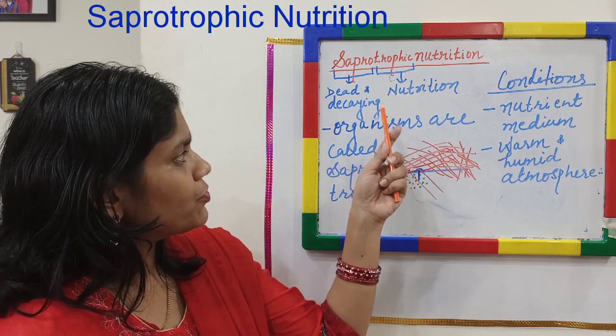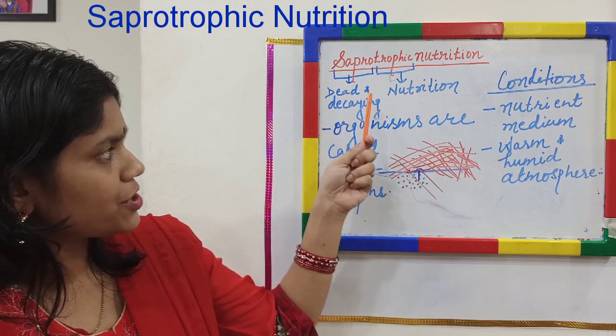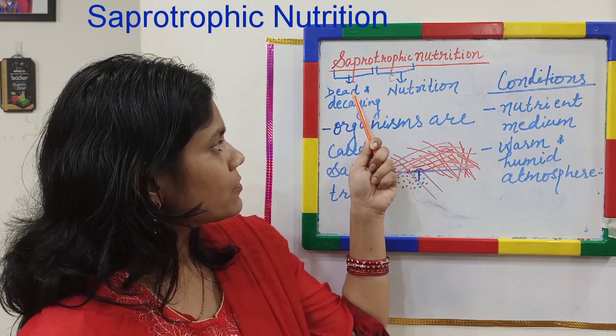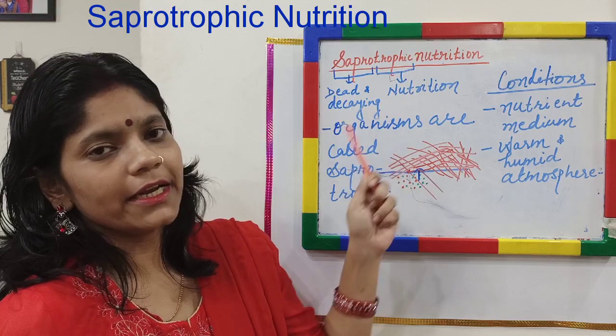So what is saprotrophic nutrition? Saprotrophic nutrition is a nutrition in which an organism grows on dead and decaying organic matter.